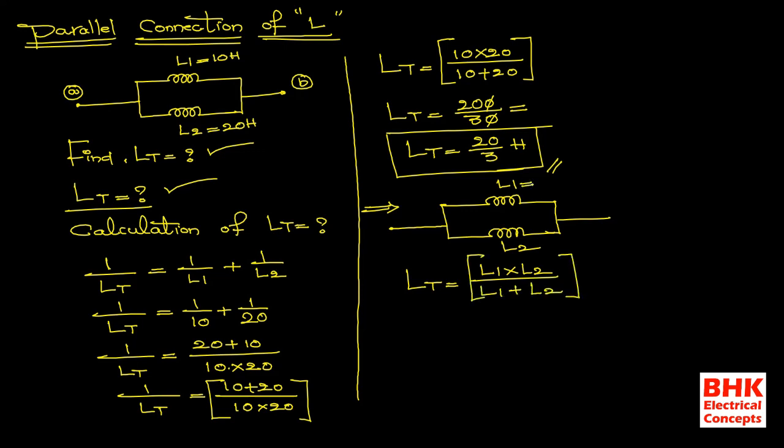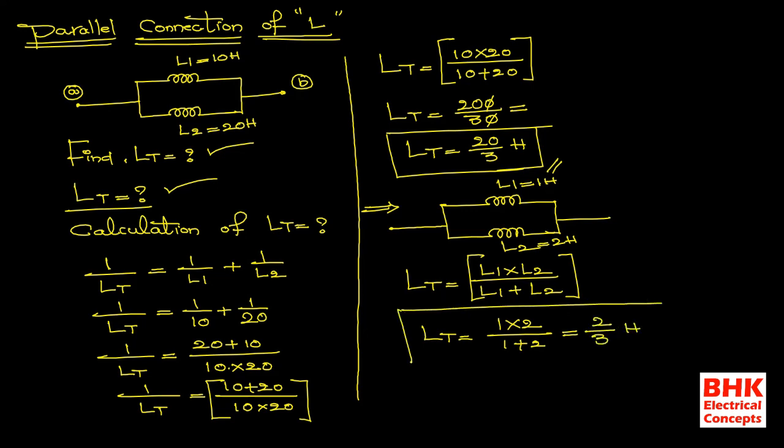So if you know the value of this is 1 Henry, and the value of this is 2 Henries, then with this formula we can directly substitute. So 1 into 2 divided by 1 plus 2, that is equal to 2 divided by 3 Henry. So this is the value of total inductance when both are connected in parallel.